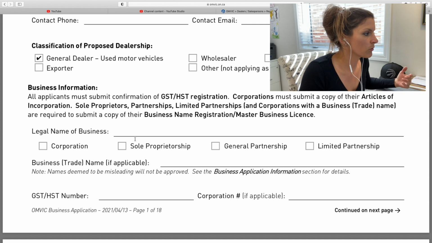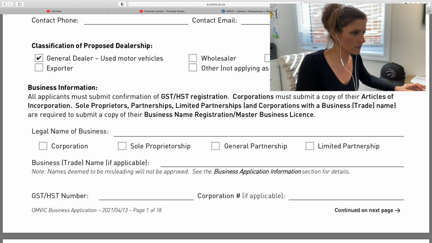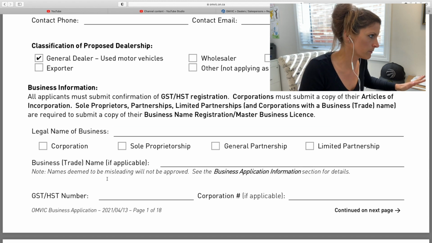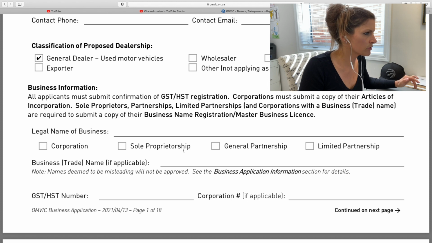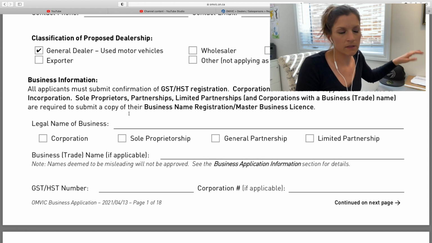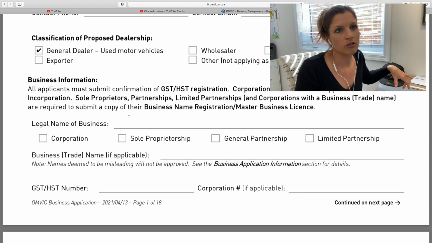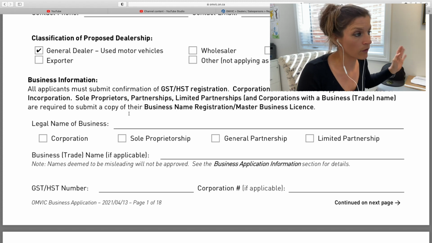Or maybe you decide on a sole proprietorship, general partnership, or limited partnership. I'm unfamiliar with the partnerships, but I'm familiar with corporations and sole proprietorships because we've registered those businesses in the past. I'll make sure I leave links in the description below so you can easily find that if you haven't done that already.